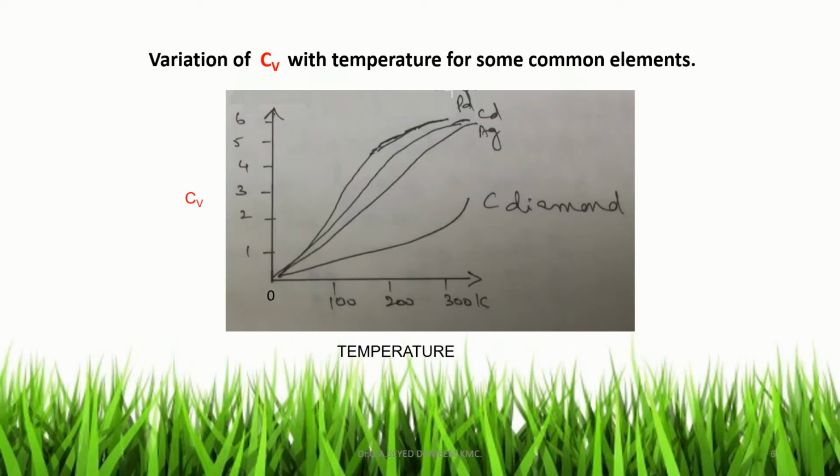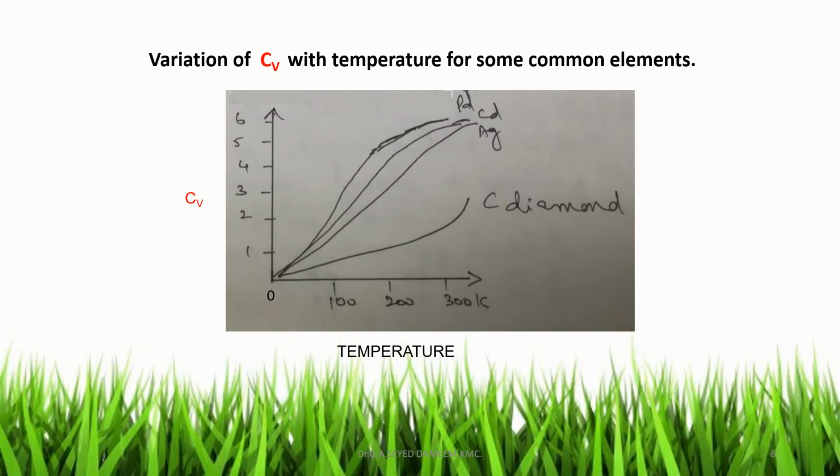This slide shows the variation of heat capacity with temperature for some elements, like lead, cadmium, silver and carbon diamond. From this slide, we know that the heat capacity value is zero at absolute zero temperature, and the value increases with the increase of temperature and reaches a value of 3R, that is around 6 calories, for most of the elements at room temperature or at around 300 Kelvin.